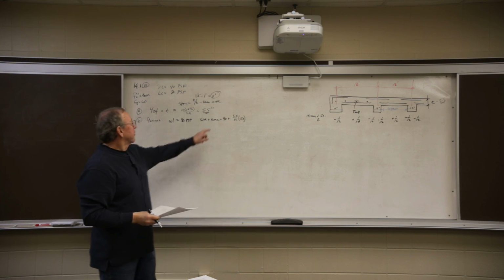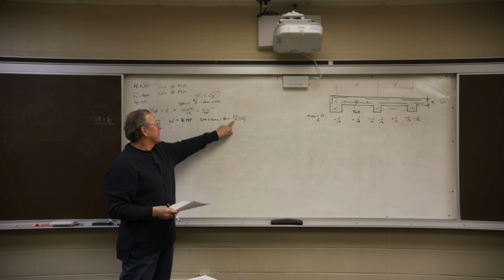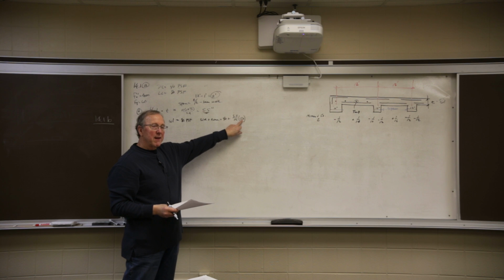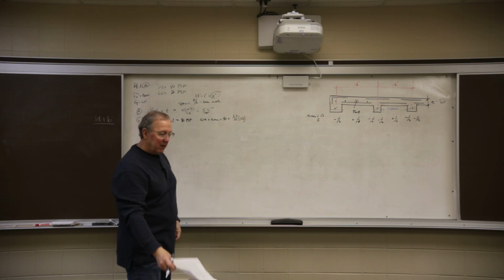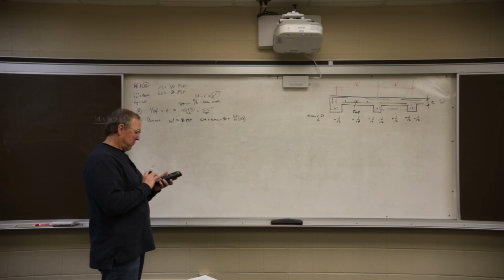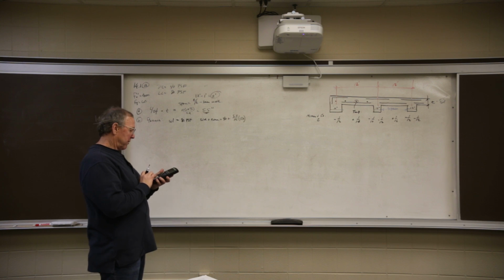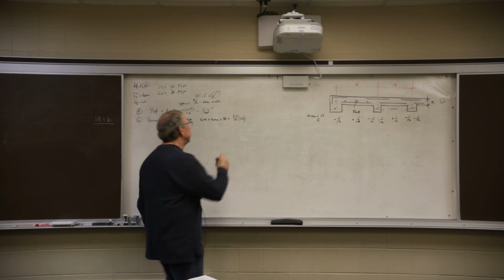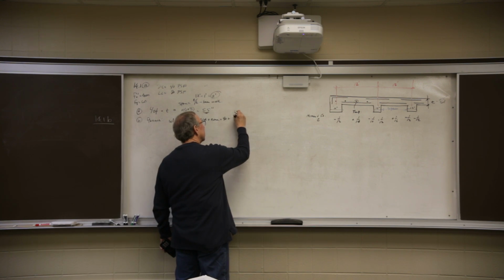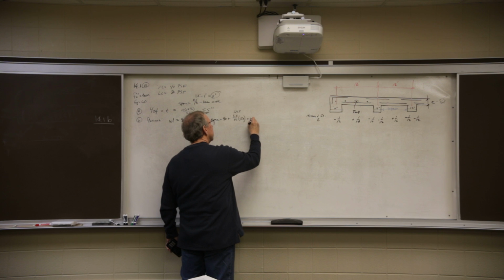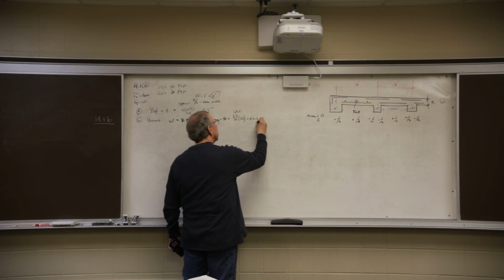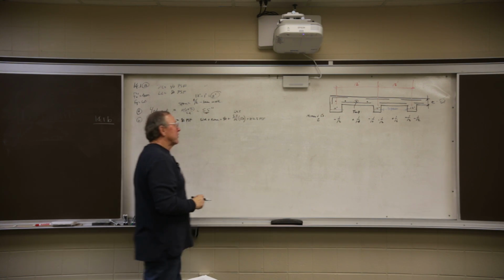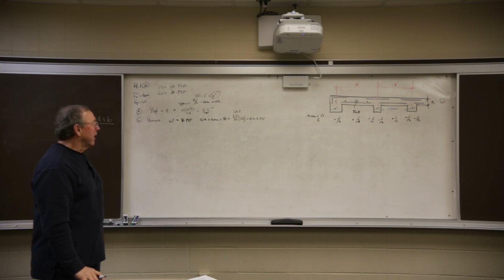There's the thickness of the slab, changed to feet, multiplied by the unit weight of concrete. So I'm going to take 5.5 divided by 12, and I'm going to multiply it by 150, and I get 62.5. Add it to 40. So there's my superimposed dead plus weight of slab.